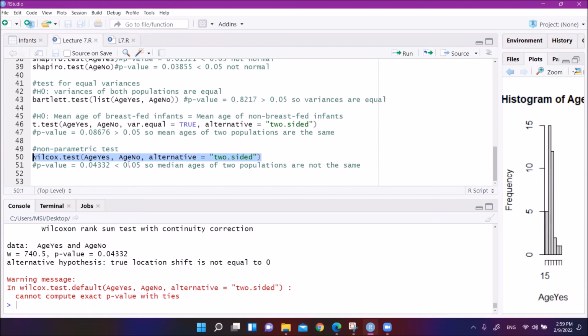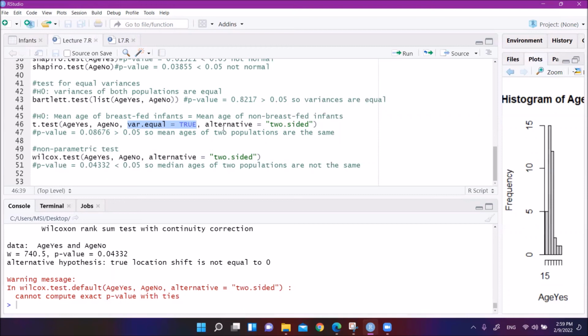Try to reason out. Just don't forget about this equal variance argument when you are going for the 2 sample t-test. Don't forget it, because you have to give this argument in the 2 sample t-test. If you didn't give it, it assumes the variances are not equal and gives you that p-value.